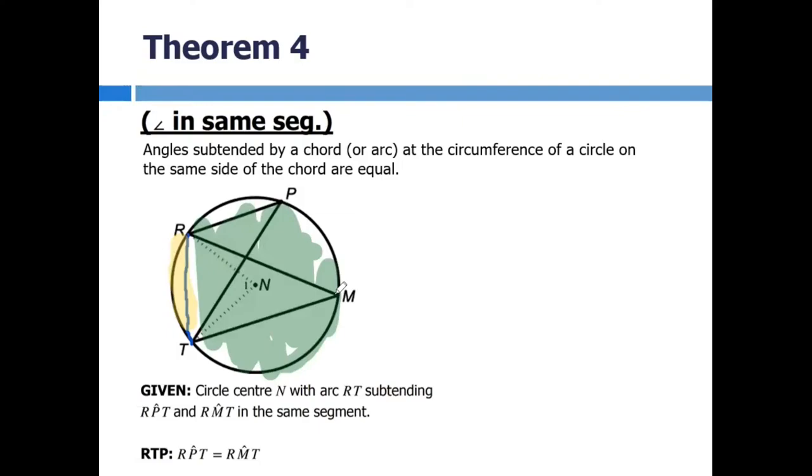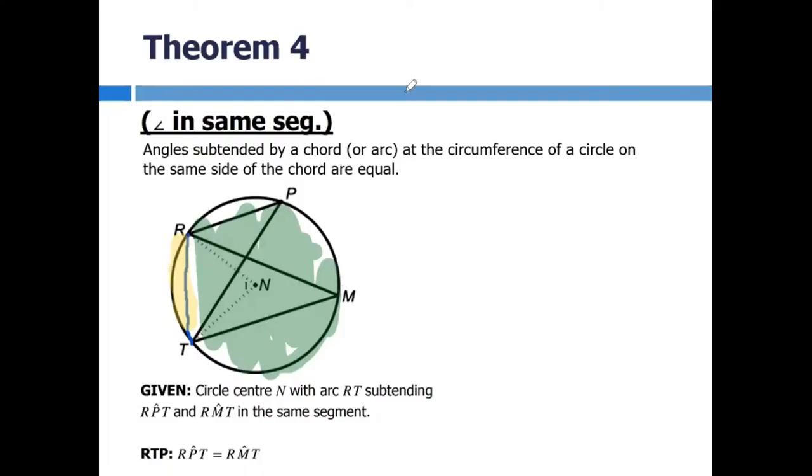But I could go anywhere in the circumference. If I'm coming from the same chord and going in the same direction, so the same segment, so both of the sections are going into my green section that I've highlighted, then those angles will be equal to each other.